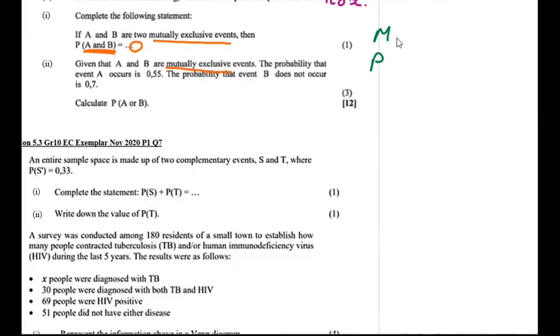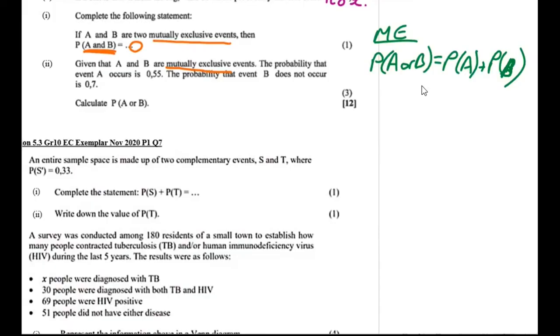The mutually exclusive formula is the fact that probability of A or B is equal to, this is the stuff that we remember, probability of A plus the probability of B. That's what happens when it's mutually exclusive because the intersection is 0. So then you're just subtracting 0.